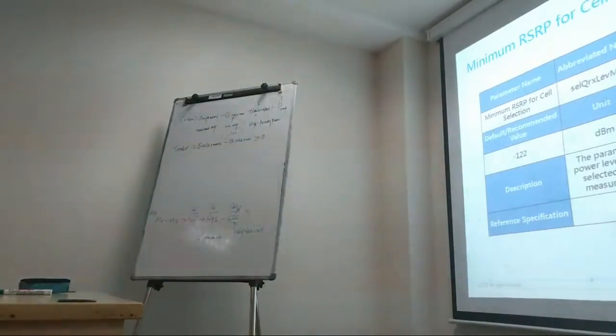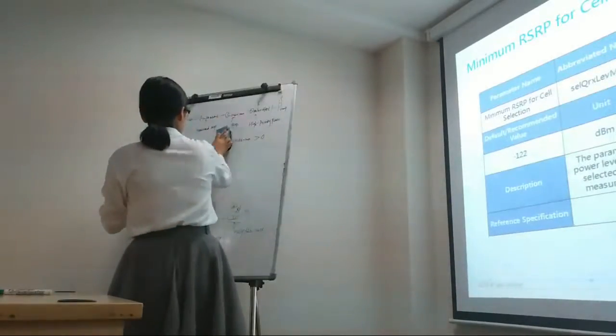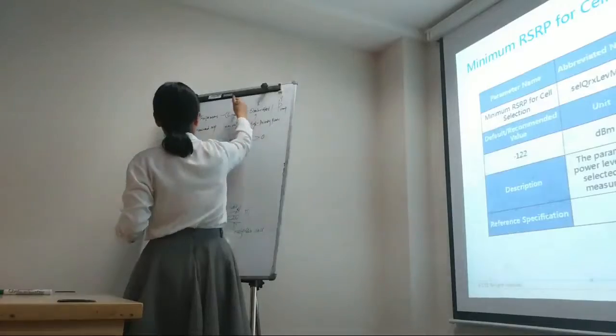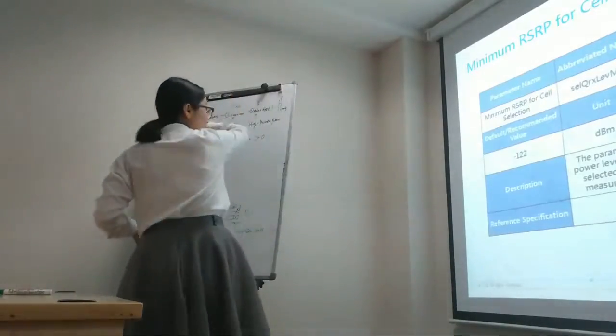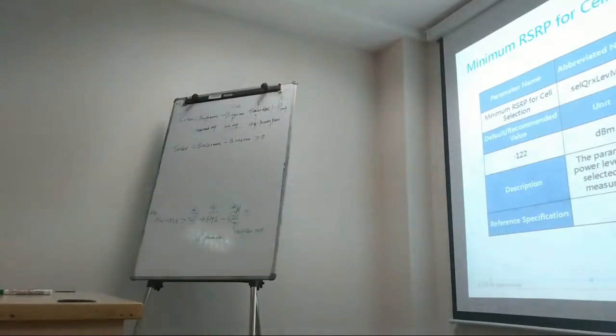So here, if we set this minimum RSRP for cell selection as minus 122, this is the minimum. If this value is set greater, that means it requires the network to have good coverage.